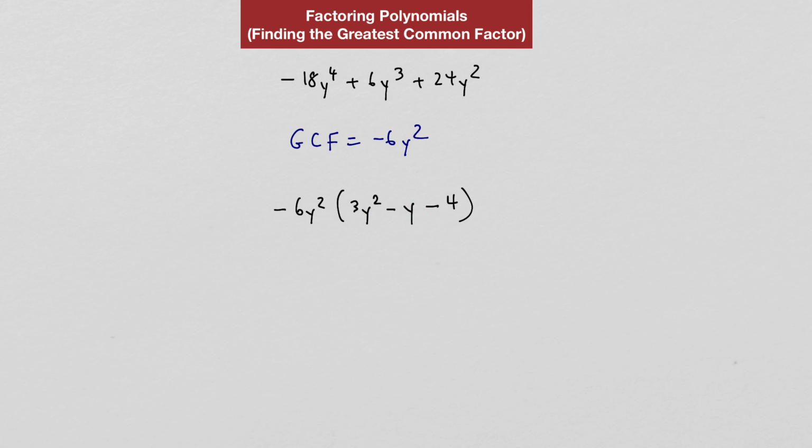So what you'll see is that the reason it is helpful to factor out the greatest common factor from a polynomial is because when you do that, it results in a polynomial with smaller coefficients, right? So we've got 3, negative 1, and negative 4, which are smaller coefficients. And this makes it easier to either analyze the polynomial or factor it further.